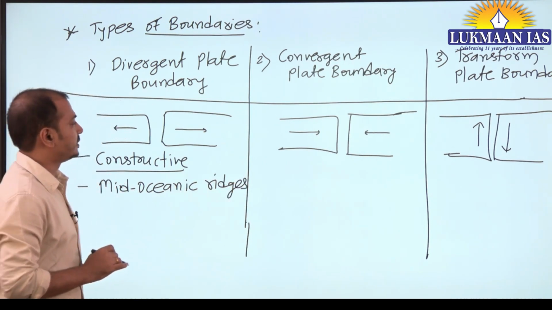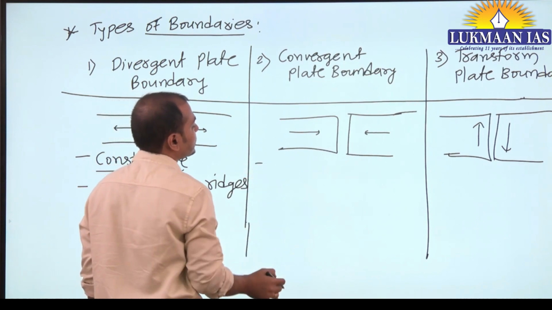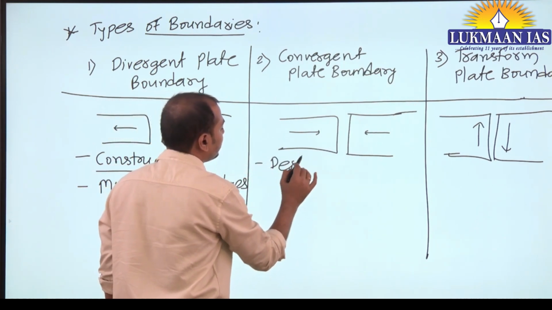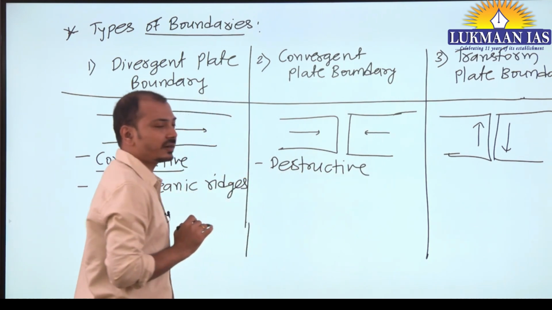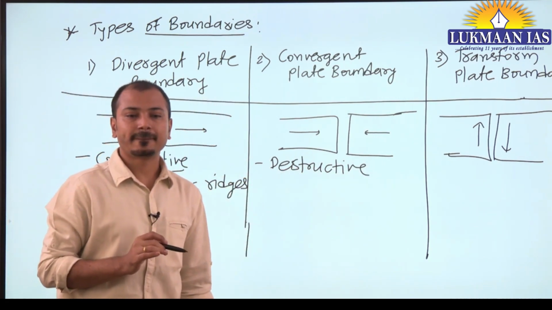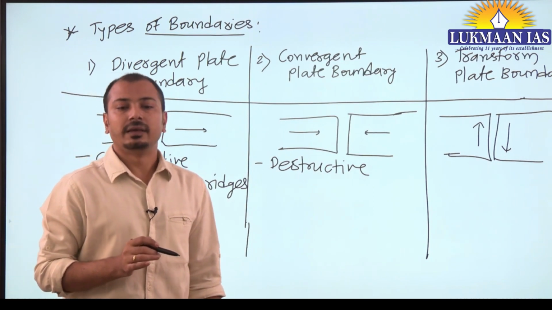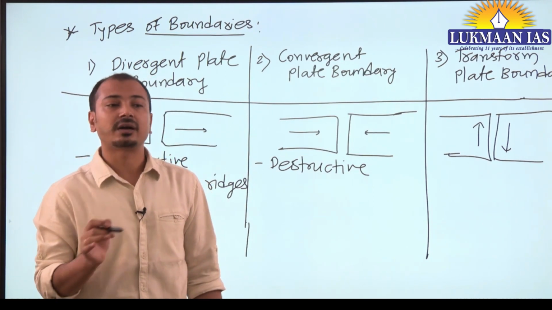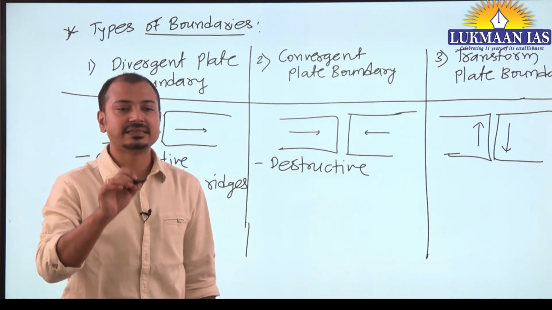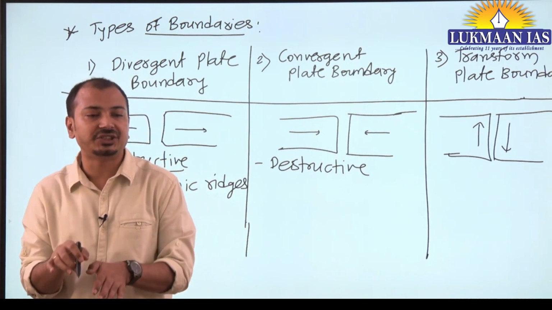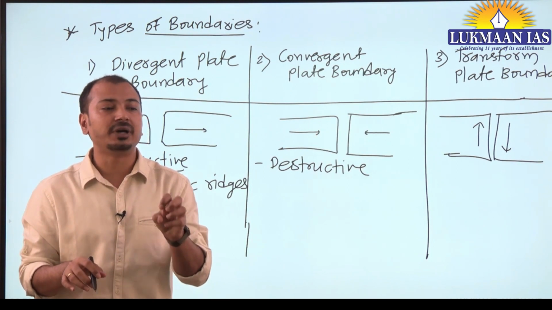These are the areas. Now this particular boundary is called a destructive plate boundary. Why destructive? Because subduction of plates happens. The older crust is getting consumed in the trench area where the subduction zone is.